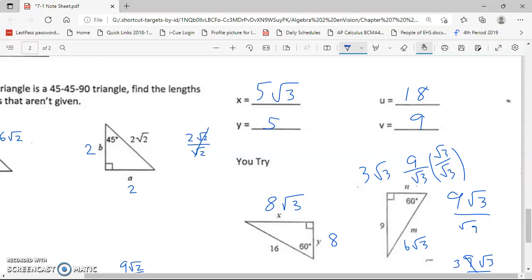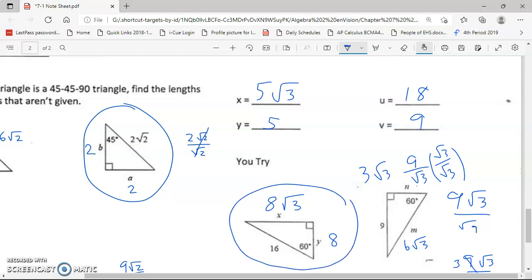If you know one leg of a 45, 45, 90 triangle, you know everything. Or if you know the hypotenuse, you can divide and figure out what the legs are. And then the other relationship that you need to know is this 30, 60, 90 relationship, where the side opposite the 30 is half the hypotenuse, and then the long leg is going to be that short leg times root 3.